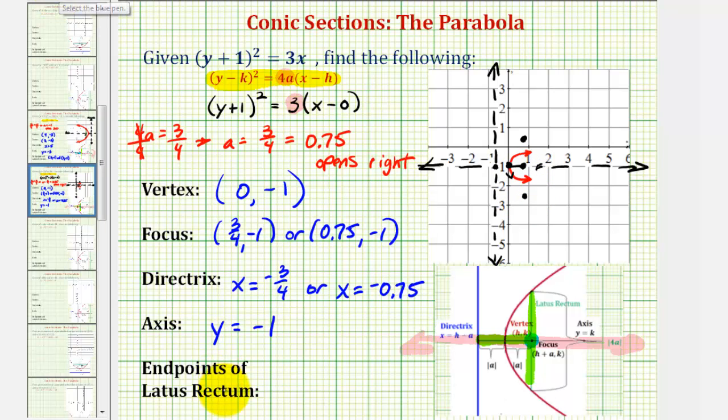So analyzing the coordinate plane, this endpoint would have coordinates (0.75, 0.5), or we could also give this as (3/4, 1/2), and the other endpoint would have coordinates (3/4, -2.5), or 0.75, negative 2.5.